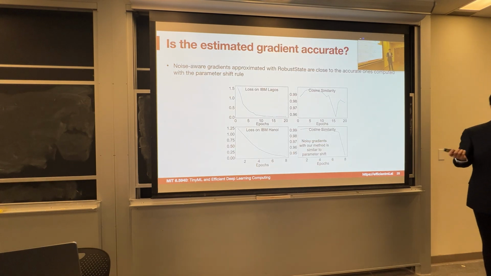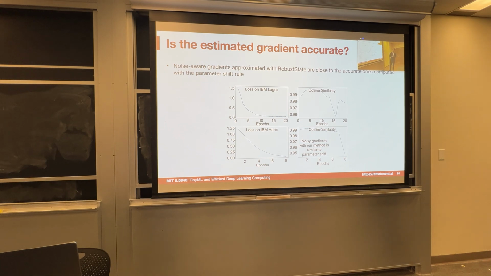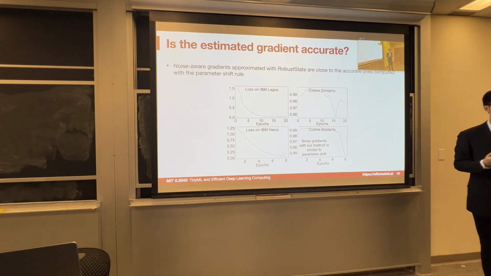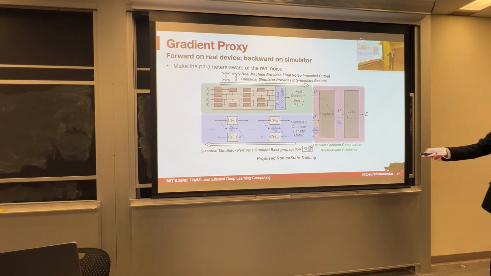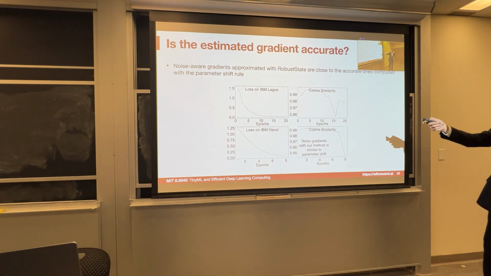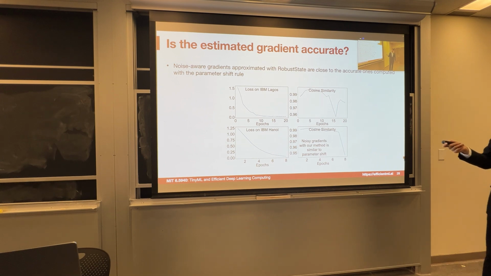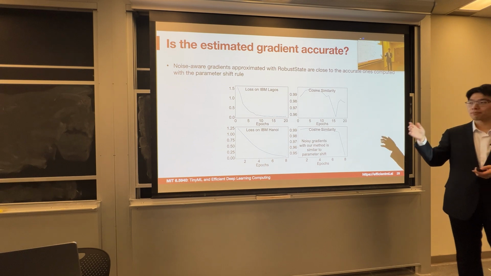So you may ask whether using this estimated gradient is very accurate or not, because we can see the previous layers actually don't have any noise, and we directly use the noisy result at the end, whether that will cause some problem. So we compare this estimation of the gradient versus the most accurate result, which is using the parameter shift rule to run for each of the parameters.